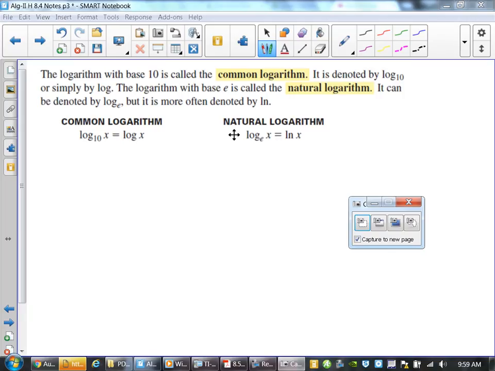Let's see what's the other one we had in here. Natural log. Your common log, like we talked about, is your base 10. We switch log bases around a lot of times, so this is just your normal log. Log base 10 of x is just log of x. What happens now is that we have natural log, ln. I know you guys have all seen that button on your calculator.